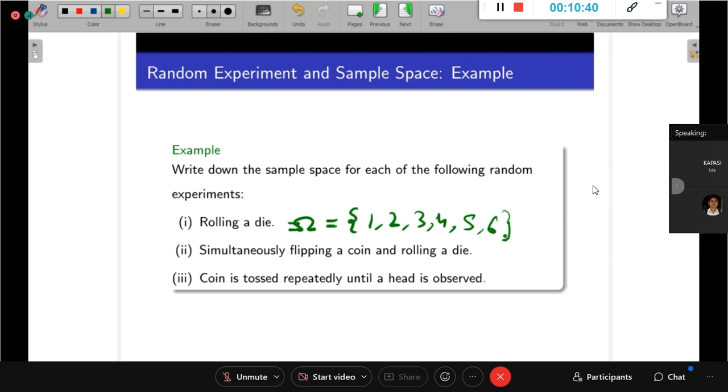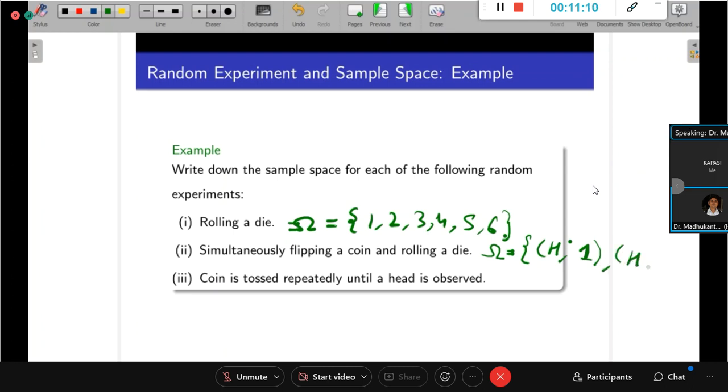Now the second case is flipping a coin and rolling a die. Two things are happening together. Once you flip a coin and then roll a die, you have to write down all the possible pairs. So in this case, omega: first head can come, and then the die can come with 1.